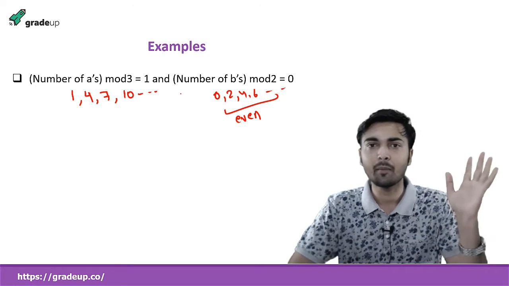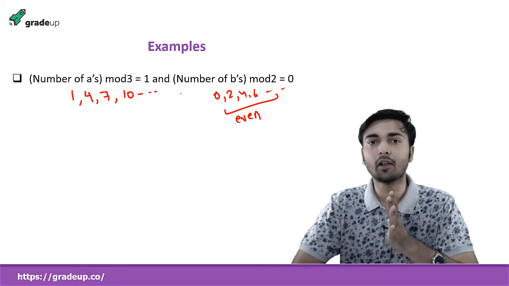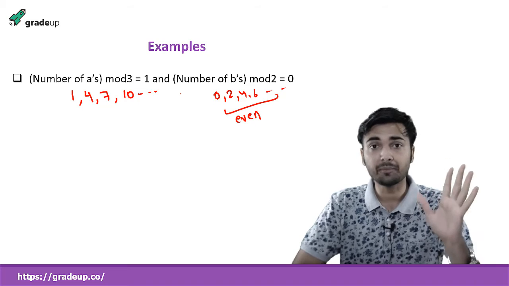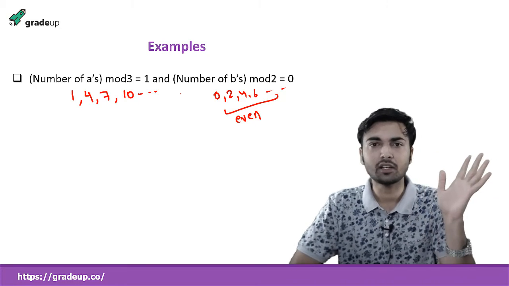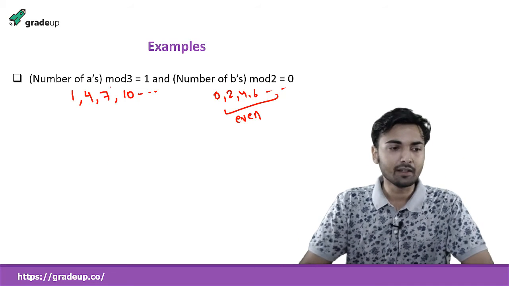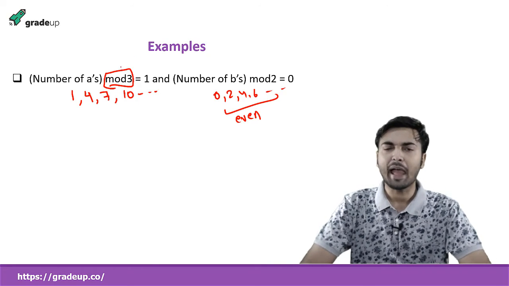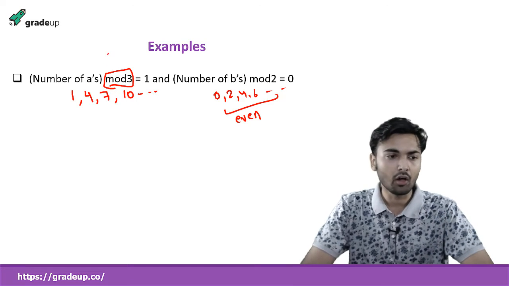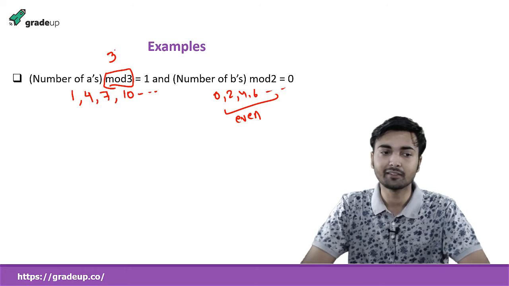In your exam, it will be given and you will have to find the minimal number of states in your DFA. One option, you draw the DFA. Another option, you can realize it using the product automata concept. See, how many states will a mod 3 machine require? As we discussed in our previous video, mod 3 requires exactly 3 states.